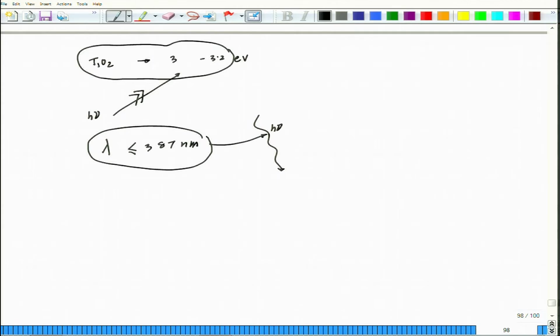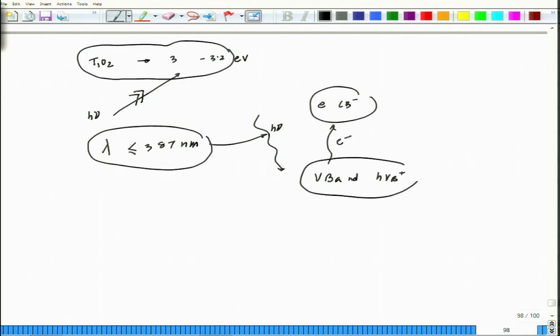The absorption of a photon excites an electron to the conduction band, which is e_CB, a conduction band electron now, generating a positive hole in the valence band, h_VB. Because the valence band is losing an electron, therefore this becomes positive.